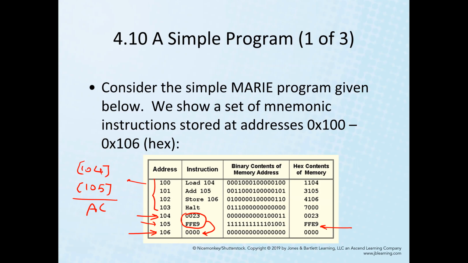Let me give you a hint. If you remember, I said that the Mari processor works in two's complement, and FFE9 has the leftmost bit, of course, as one, so it means that the number is negative. So we need to find this number with the two's complement method. Can you find the number for me?